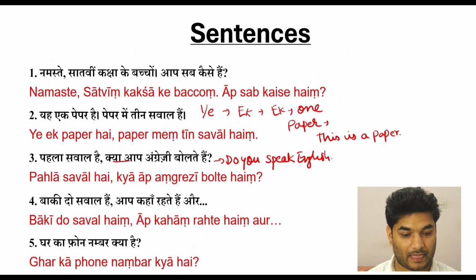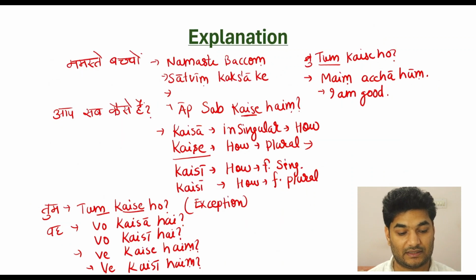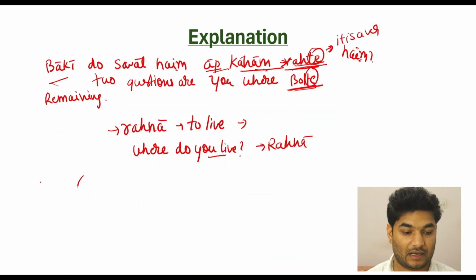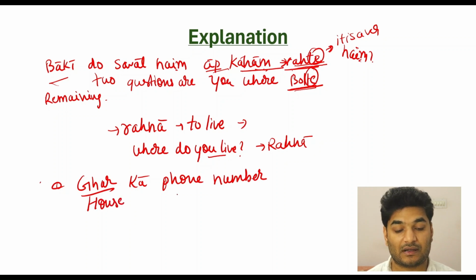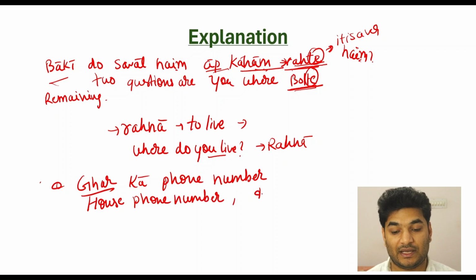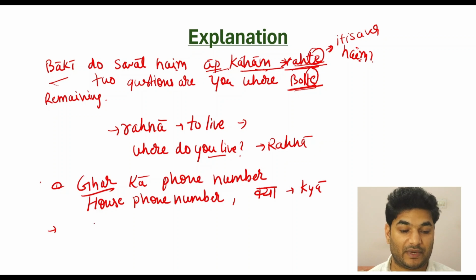Then, the fifth sentence is घर का phone number. This is simple. घर is house. घर का phone number, house phone number. क्या, as you see, is not placed at the start of a sentence.